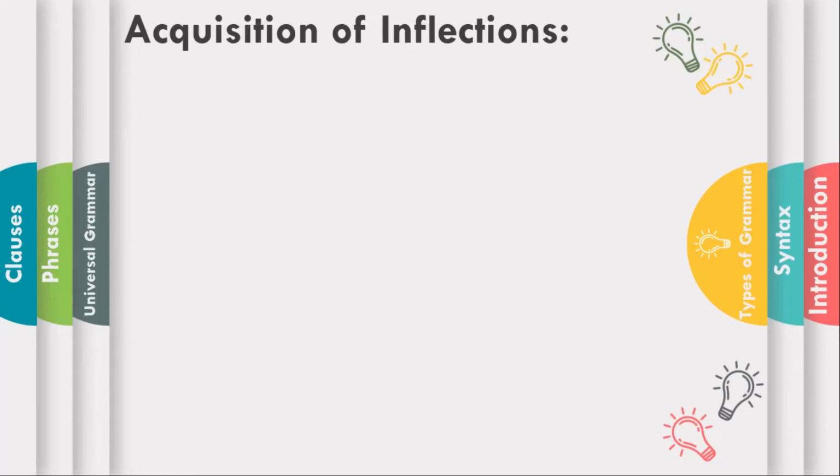Still under the third stage is the acquisition of inflections. Research indicates that there is a predictable pattern in the acquisition of inflectional affixes. These are word endings such as -ed and -ing. Functional words such as articles like a and the, and also auxiliary verbs, seem to be acquired in a regular order.